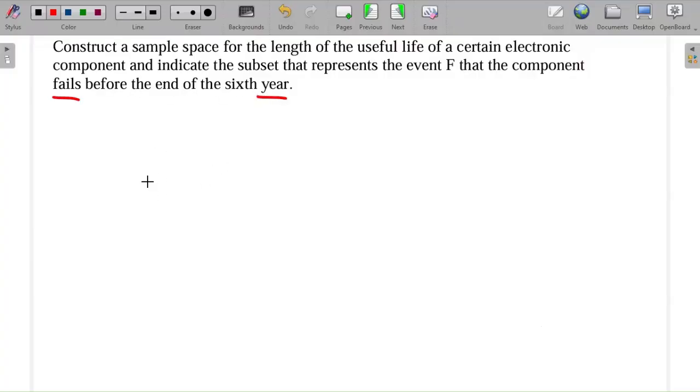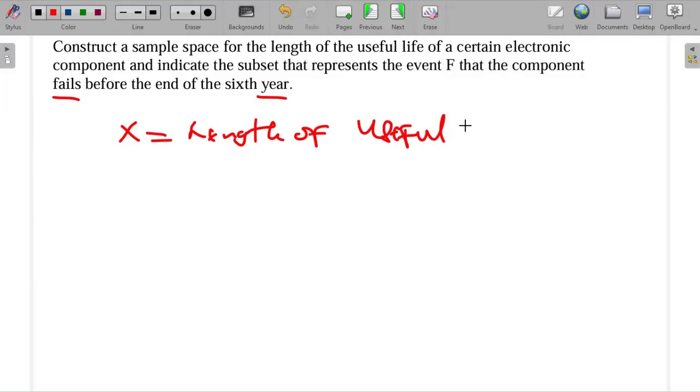So first of all, let X represent the length of the useful life of the electronic component, measured in years.